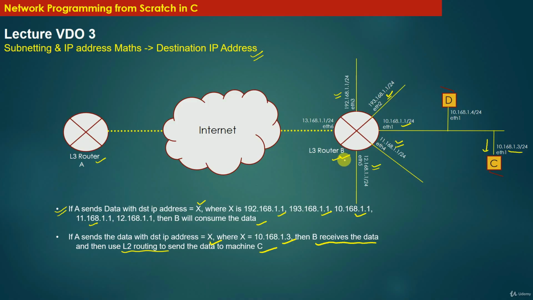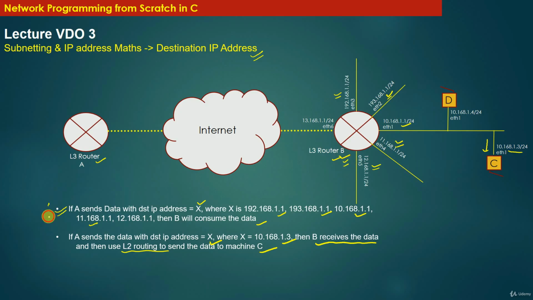So router B, when it receives the data such that the destination IP address is not equal to any IP address of a local interface of router B, but the destination IP address falls in one of the local subnets of L3 router B, then router B will forward the data further in its local subnet to which the data is destined.